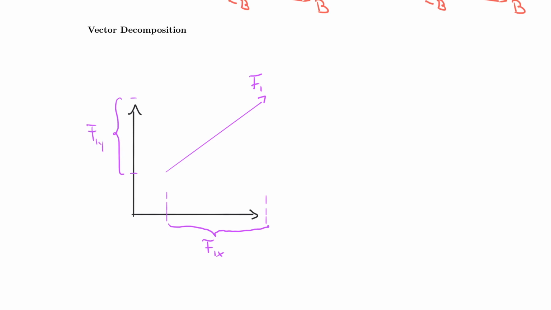And many of you are probably used to writing that f1 is equal to f1x, f1y, and then using curly brackets. But that is something that from now on we will never use ever again. We also won't use something like f1x, f1y.